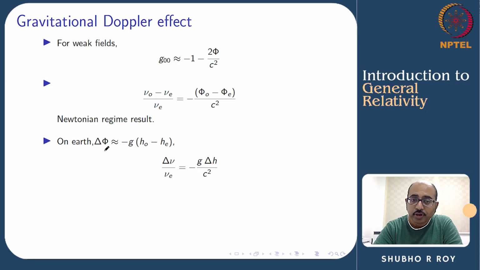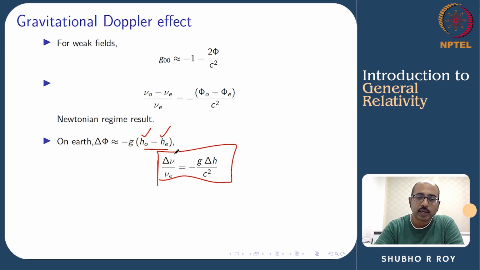In particular, on Earth, the potential is given by gh. So the change in the potential will be given by g times the change in the altitude: the altitude of the position where the light is observed minus the altitude of the position where the light is emitted from. So that is delta h. Then we have this formula for gravitational Doppler shifting of light in the gravitational field of Earth: delta nu over nu is equal to minus g over c squared times the change in the altitude.